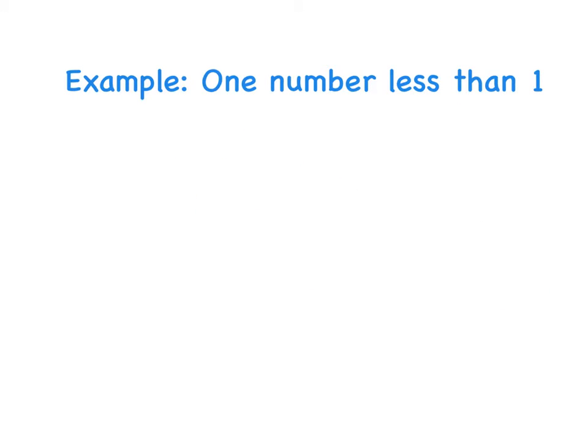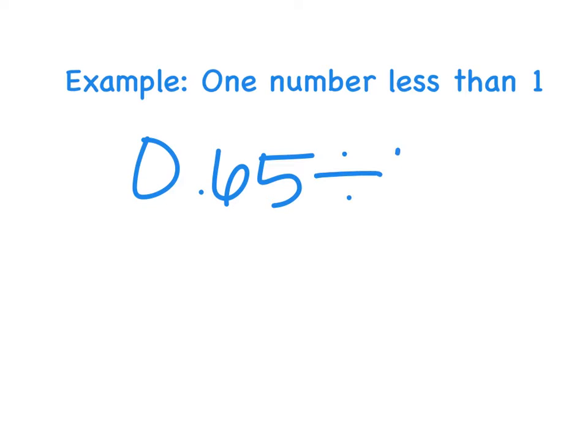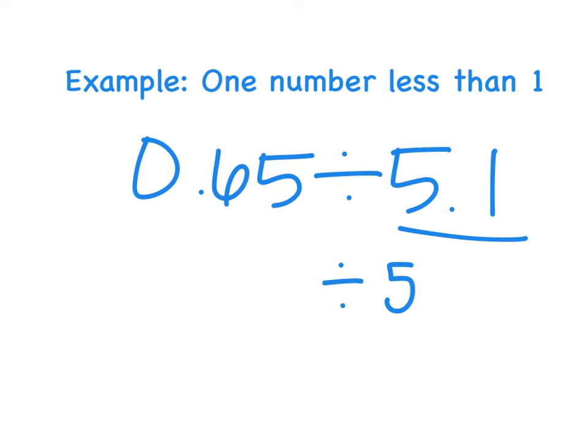What does get a little bit trickier with estimating is when one of your numbers is less than 1. For example, if you were asked to estimate this problem, it gets a little bit trickier because this number is less than 1 whole, but it's still definitely doable, so don't get nervous. We're going to follow the same steps and change our second number first. 5.1 is very close to 5, which is generally an easy number for us.